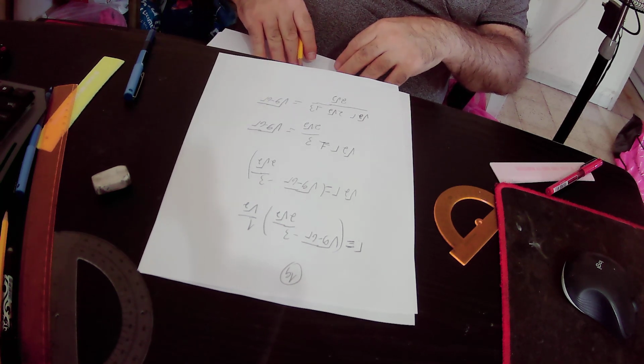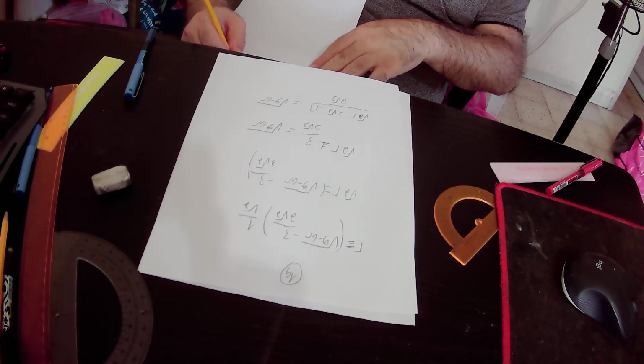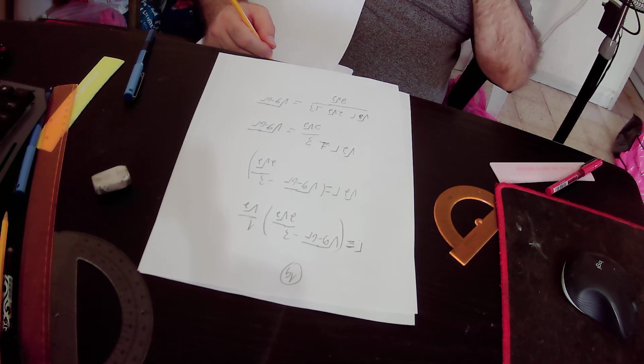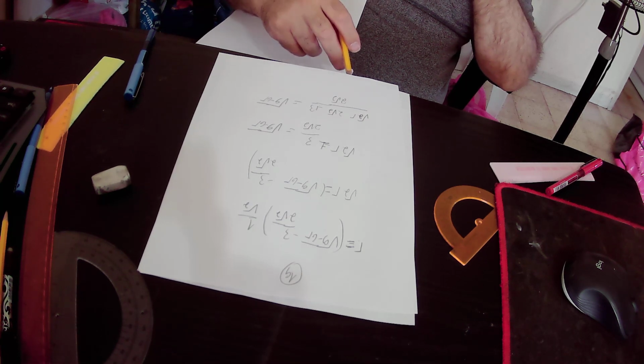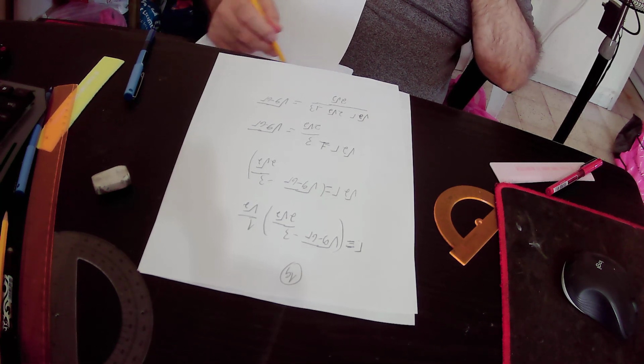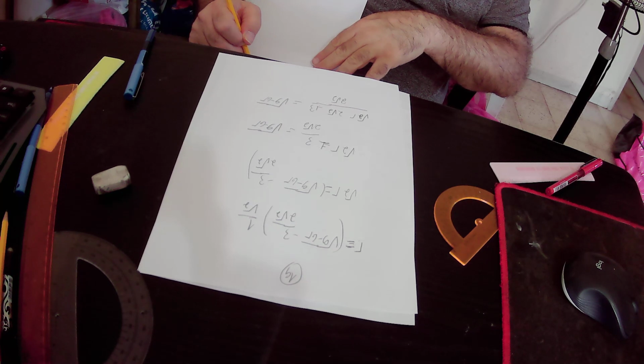Here we have root 2 times root 2 is 2, and 2 times 2 is 4. So in the numerator we will have 4r plus 3 over 2 times root 2 equals the root of 9 minus 6r.